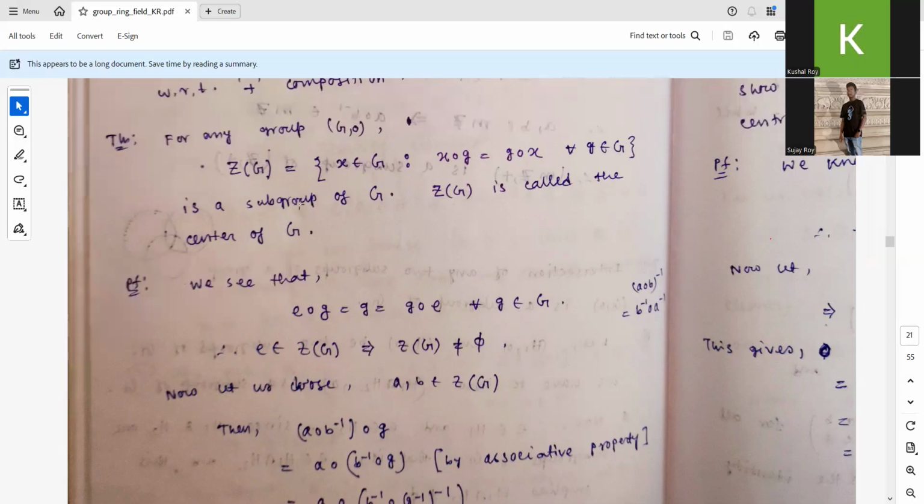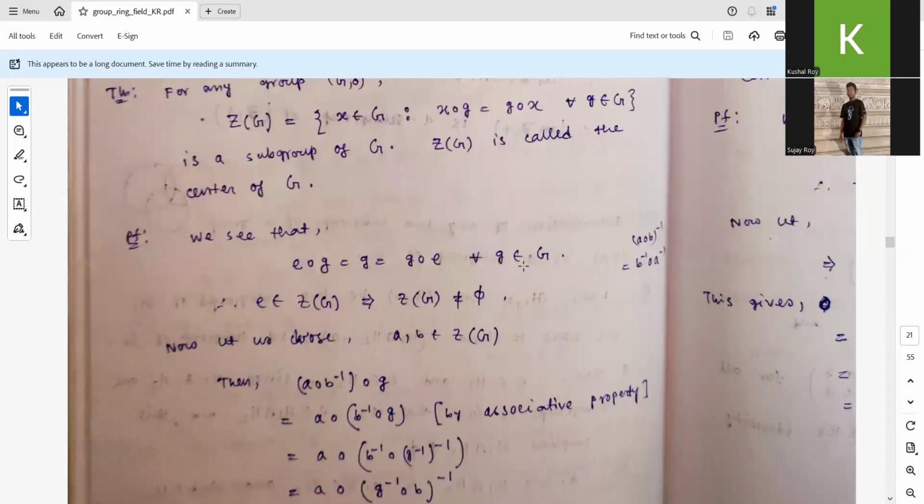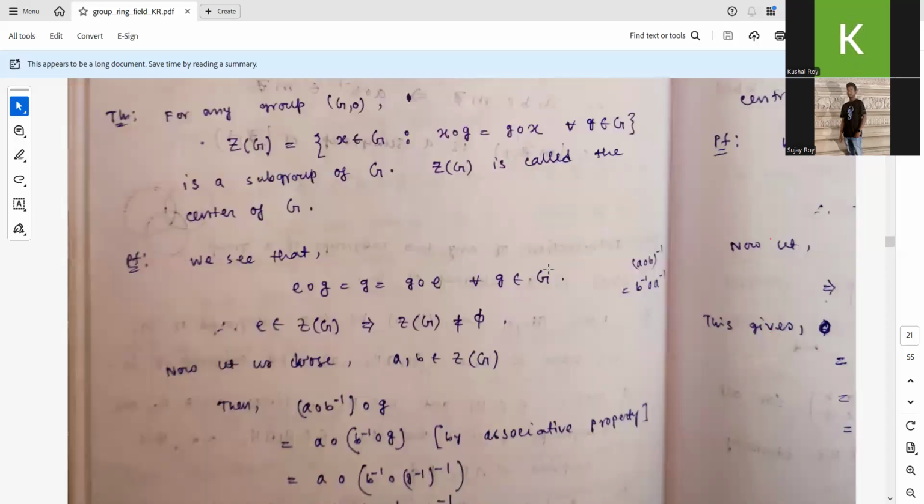ZG is the collection of all those elements x of G such that x commutes with each and every element of G. Commutes means x composition g equals g composition x for every small g belonging to capital G. We have to show that this collection is a subgroup of G. It is called the center of G.